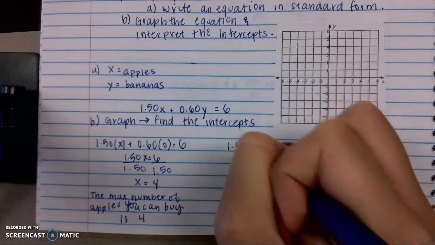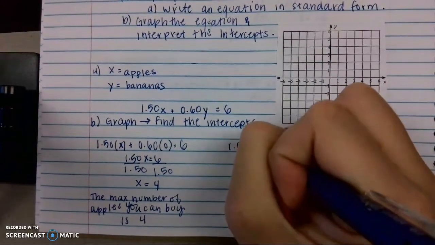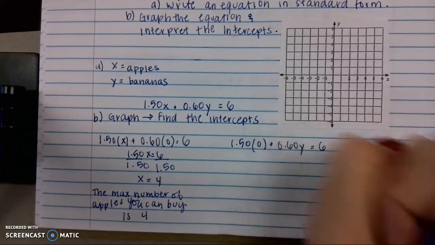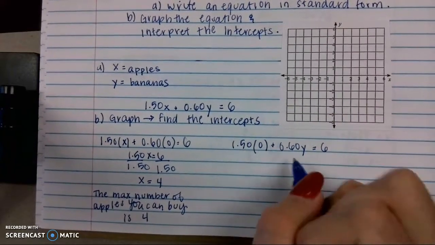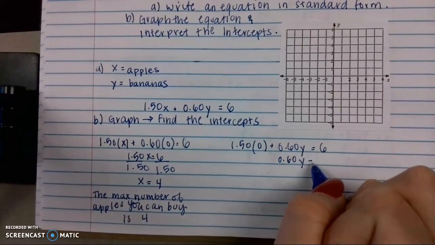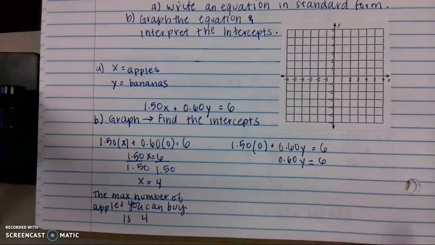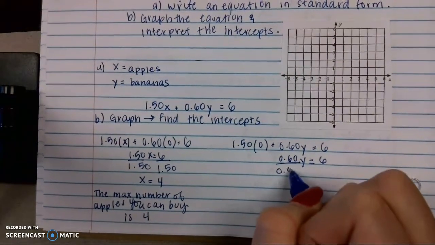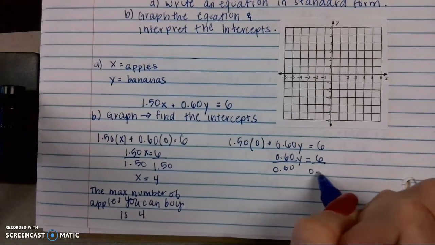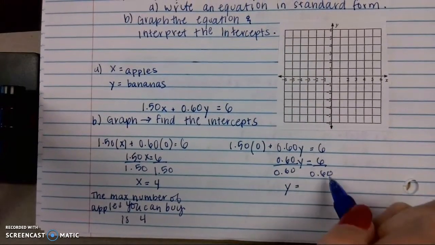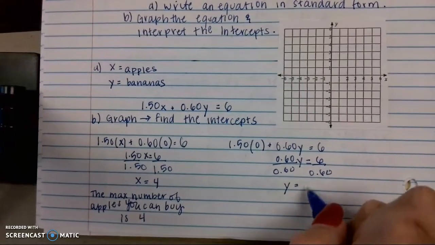Alrighty, now let's find out the max number of bananas I can buy. So I'm going to put 0 in for x, and I'm going to solve for y. 0 times 1.5 is 0, so I'm left with 60 cents per pound times y is equal to 6. I then divide both sides, and y is going to be equal to 6 divided by 6/10, which is 10.